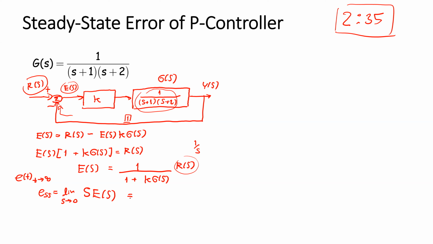So if the input is a step, we have the limit s to 0 of s multiplied by 1 per s, times 1 over 1 plus K over (s plus 1)(s plus 2).